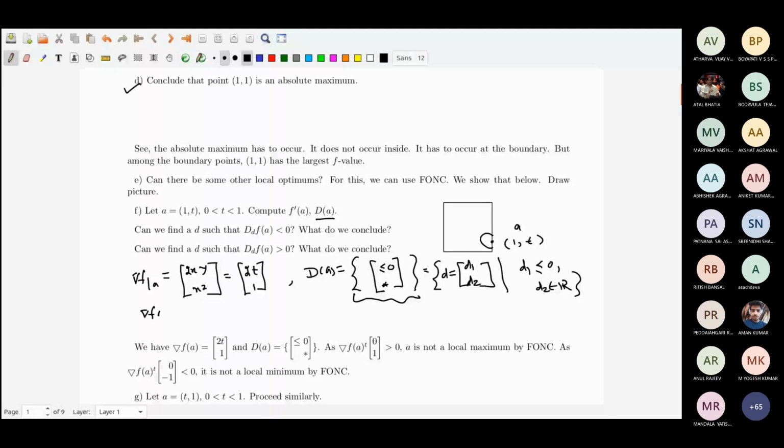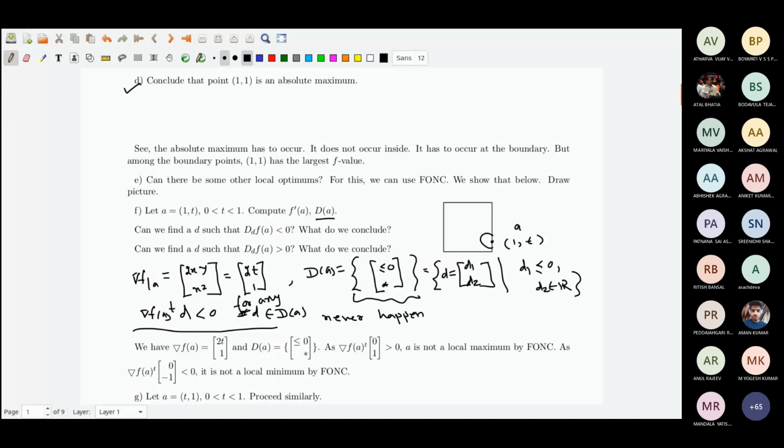It should never happen for any d in D(A). In fact, not for all d, for any d, it should not happen, because I am talking about the negation. So it should never happen.